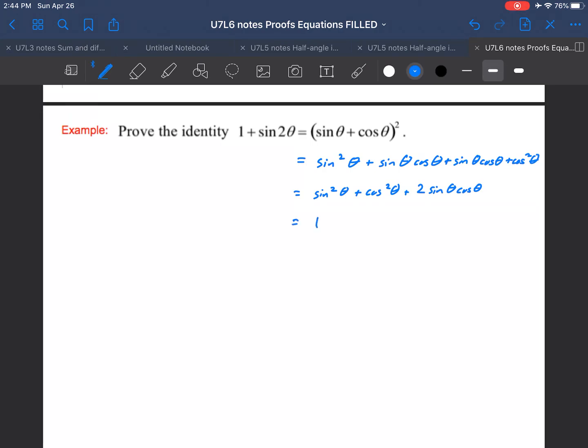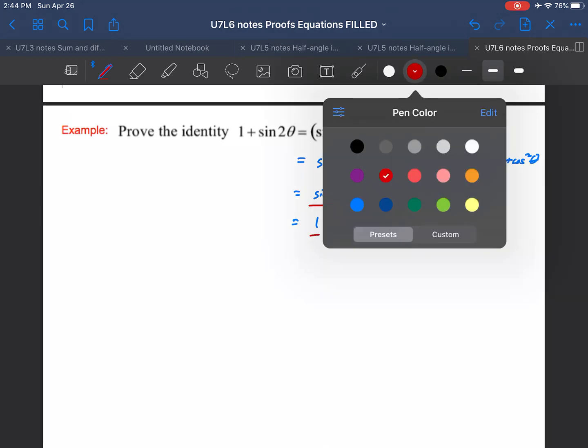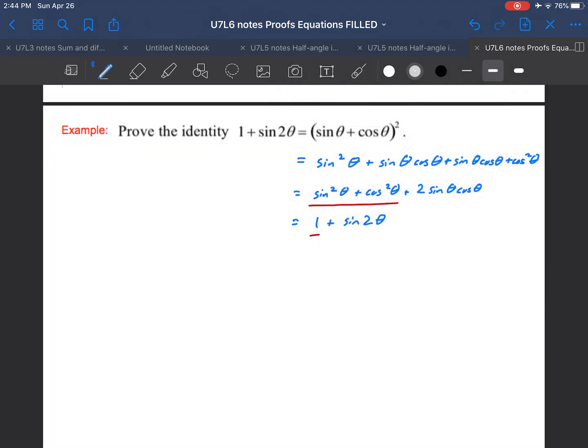So this is equal to 1 plus sine 2 theta. Done. And what you could do, if you want to make it easier for your teacher to read it, is you can just write, okay, well, that was this part. And maybe another color. And let's just try this gray. This was this part. All right. Done.